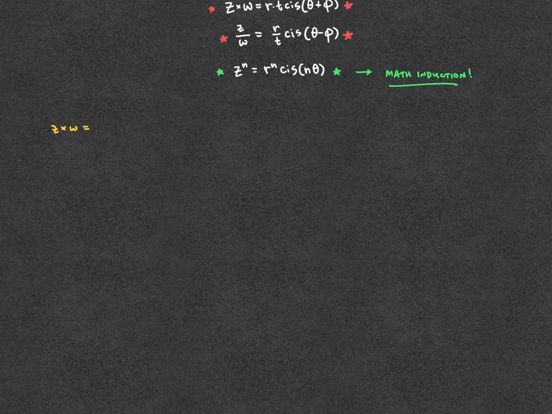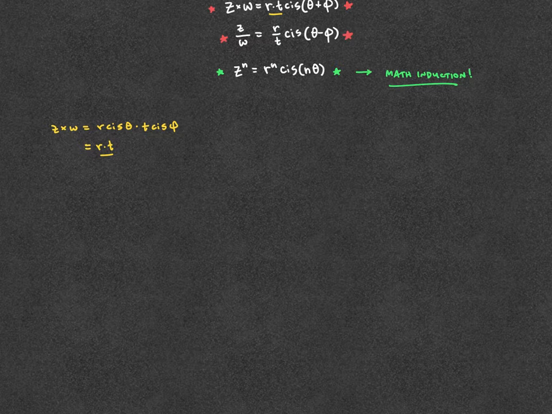Well, we know that z is r cis theta, and we know w is t cis phi. Okay, so I'm going to do a quick rearrange here using the commutative property of multiplication. And I kind of lock in that r times t, which you can see above.